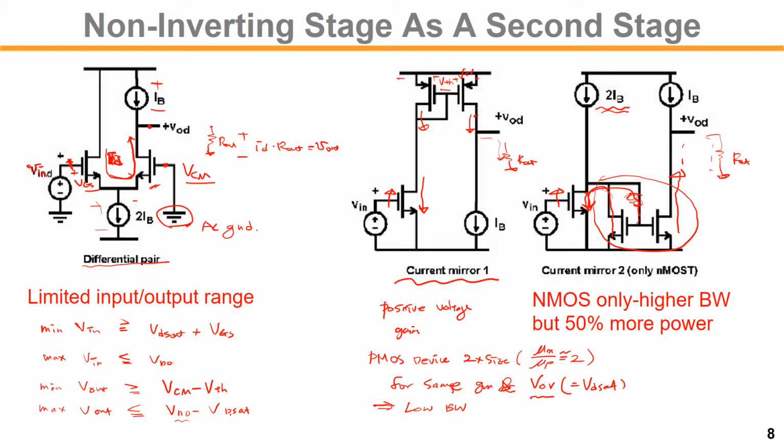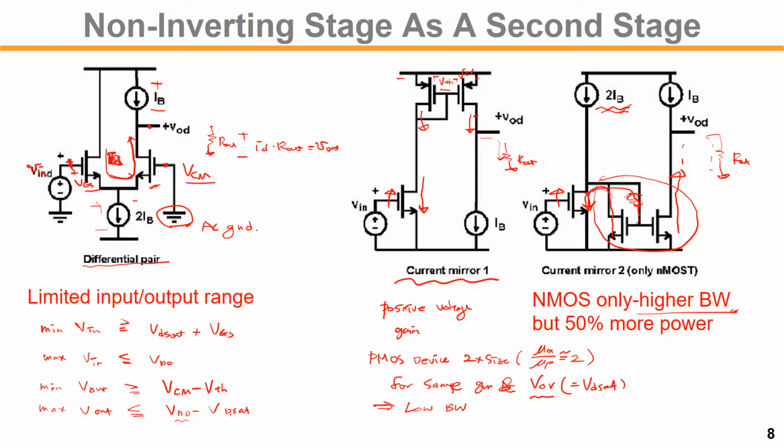So it gets the positive voltage gain. This is the NMOS only, so typically it has a smaller size than the PMOS device, so it leads to higher bandwidth. But the penalty is you are using what?